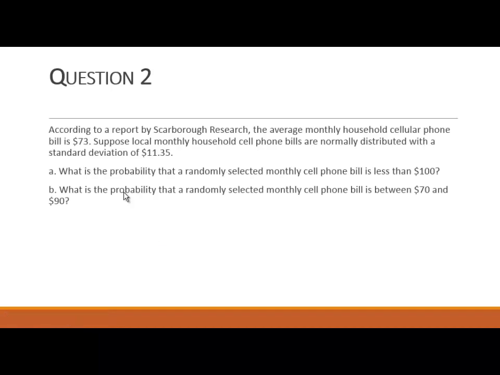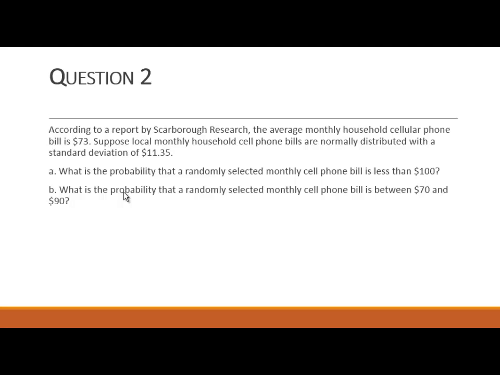You are going to run into questions like the one that you see on the screen, not only in your assignment, but also in real life. This is taken directly from your assignment. According to a report by Scarborough Research, the average monthly household cellular phone bill is $73.